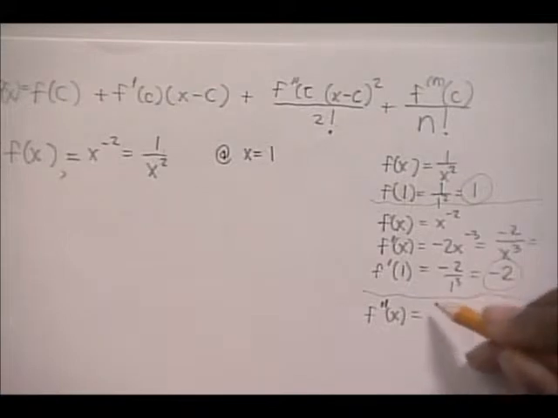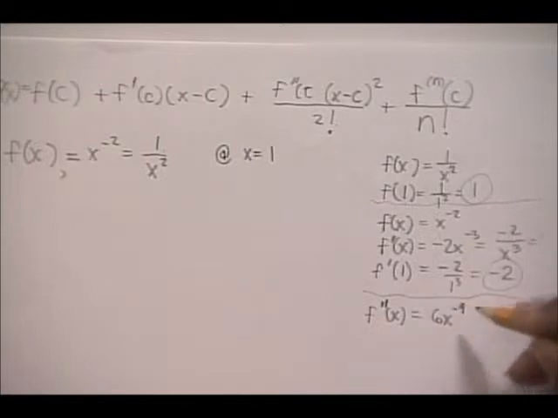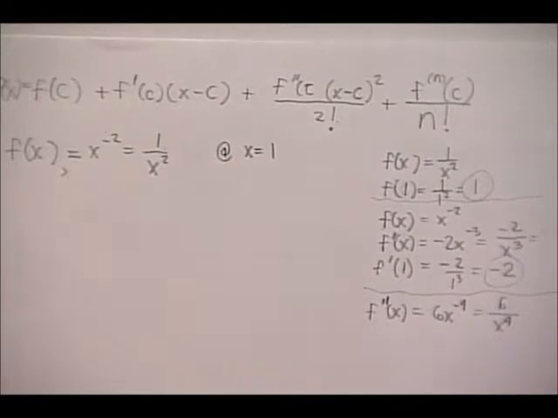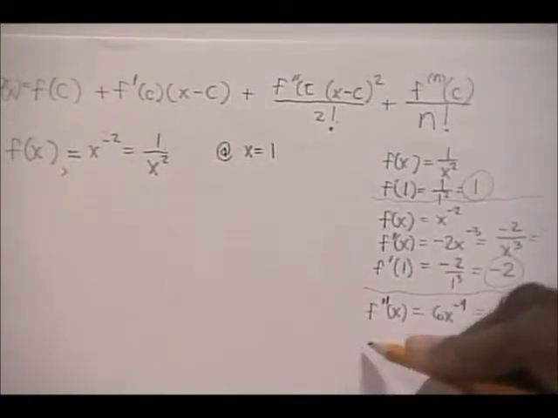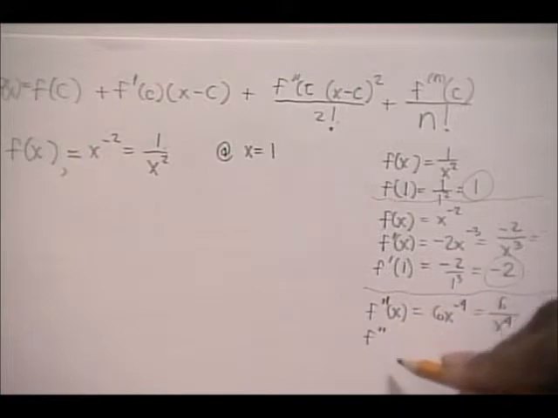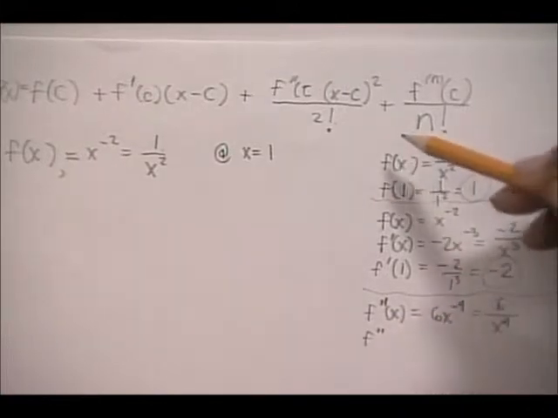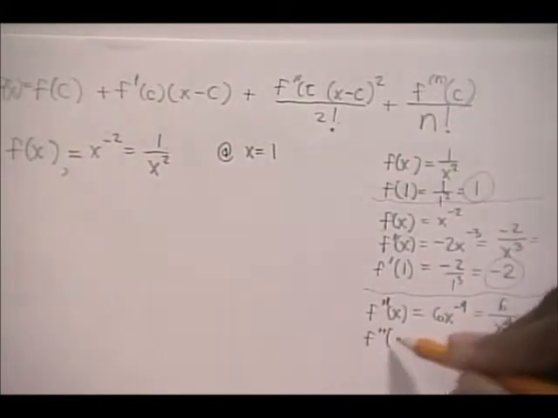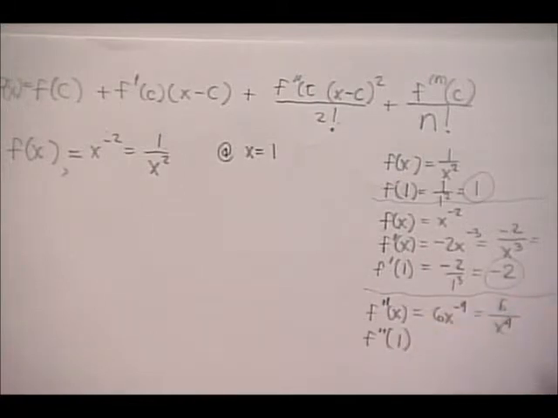F double prime, the second derivative, would be 6x to the negative 4, which is the same thing as 6 over x to the 4. If you evaluate f double prime at c, you'd evaluate the second derivative at 1. So you end up with 6 over 1 to the 4th, which is just 6. That's f double prime sub c.